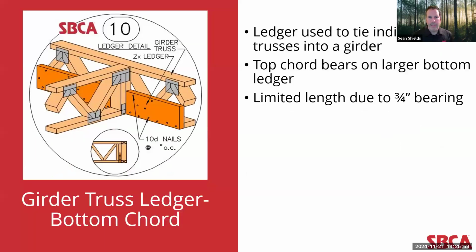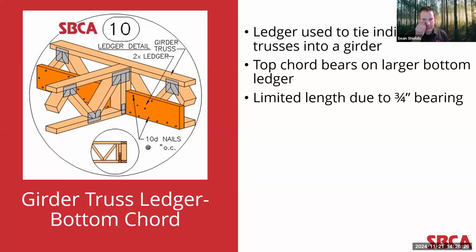In detail 10, we see a similar girder truss ledger situation, but this time with a top chord bearing truss. Now, just like in the previous detail, this can be done with a top chord bearing truss. The top chord bearing truss bears on the bottom ledger, which, as we'll look at in a comparison next between the two details, needs to be larger as a result.